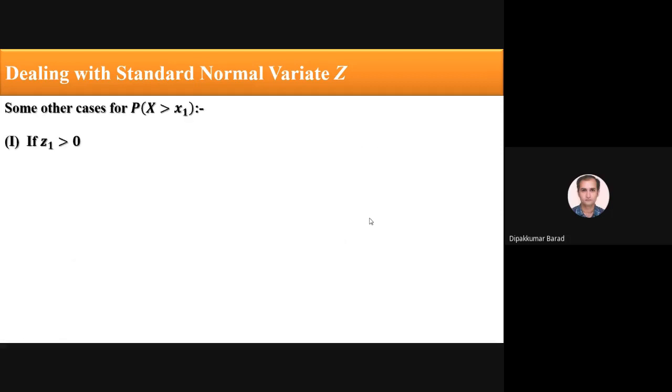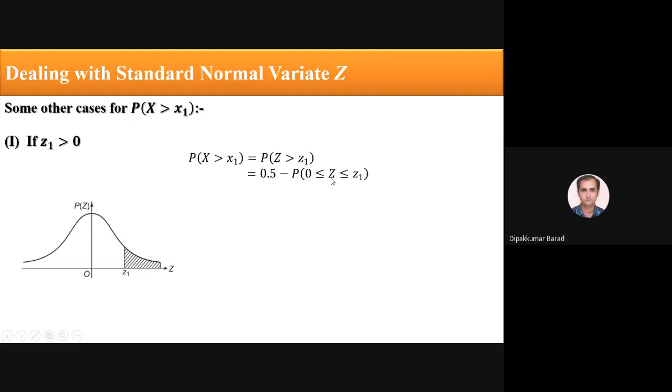Now some other cases, like P of X greater than or equal to X1. If Z1 is greater than 0, we can convert into a standard normal variate. So P of X greater than X1 is equal to P of Z greater than Z1. But Z1 is greater than 0, so we can find it as 0.5 minus P of Z between 0 and Z1.